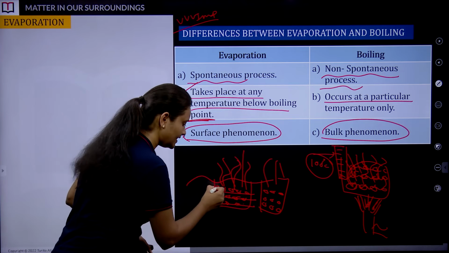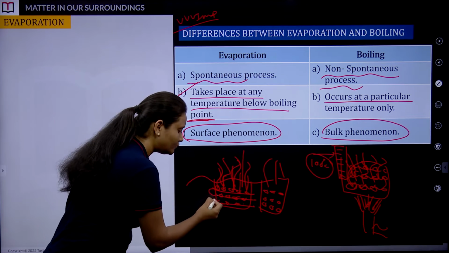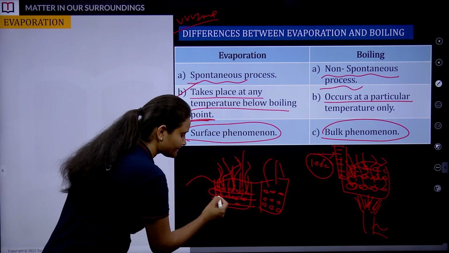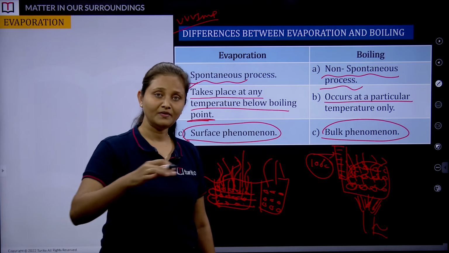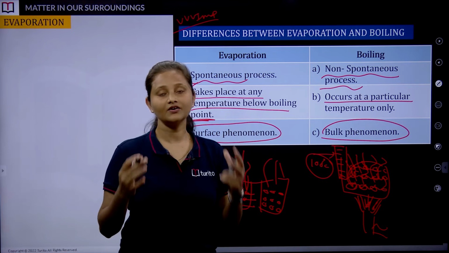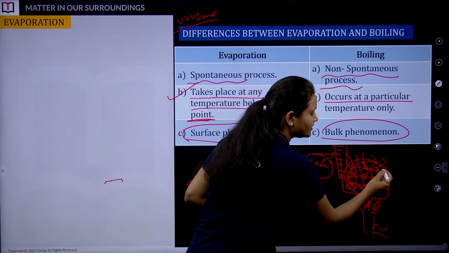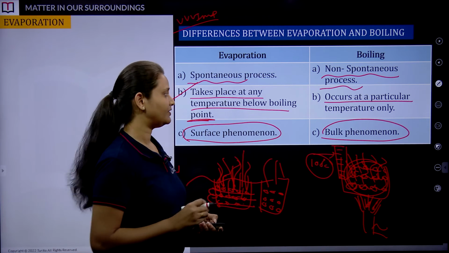Suppose this is layer number 1, it is getting evaporated. The next layer becomes the surface molecules. If that is evaporated, the next layer becomes the surface layer. Likewise it happens, so it is a surface phenomenon. Whereas in boiling, in the bulk, molecules are boiled off at a particular temperature.